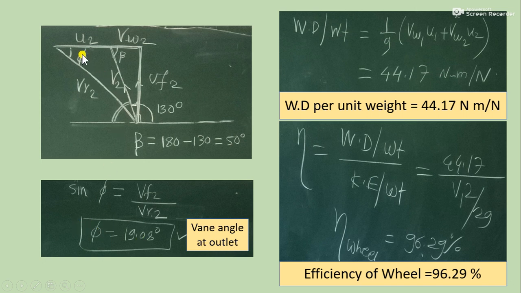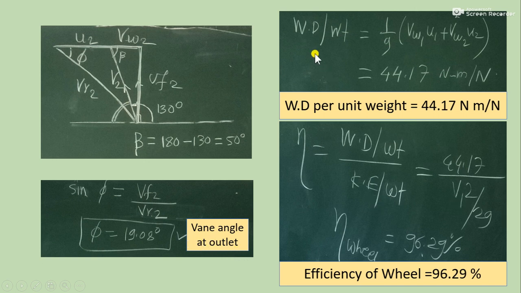Now the vane angle at outlet, that is phi. To calculate phi, we take the sine ratio: sine phi is equal to Vf2 divided by Vr2. Vf2 and Vr2 are already calculated, so putting them in, we get phi, that is the vane angle at outlet.